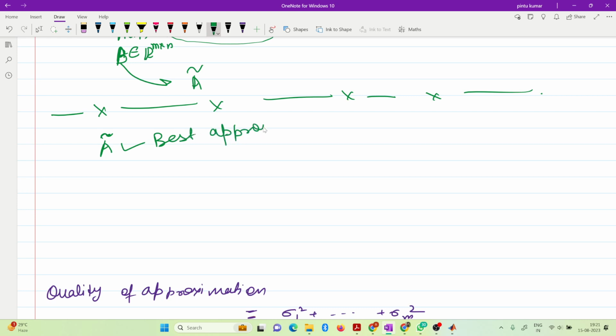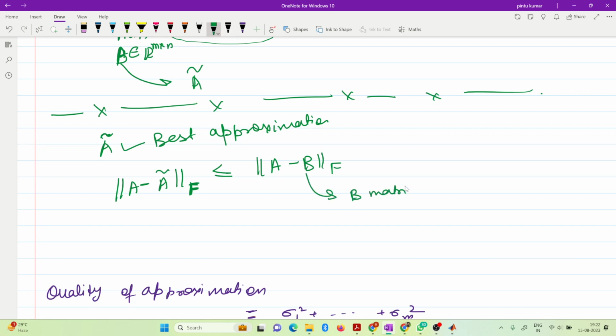By best approximation I mean that the norm of A minus A tilde, in terms of Frobenius norm, is always less than or equal to the norm for any B matrix of rank D. If you look at all possible matrices of rank D of size M cross N, A tilde is closest to A.